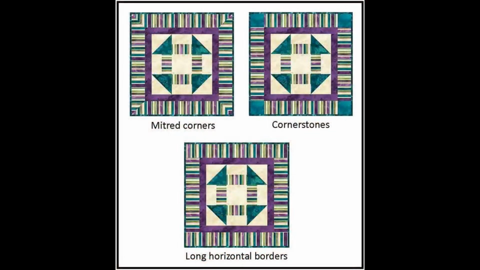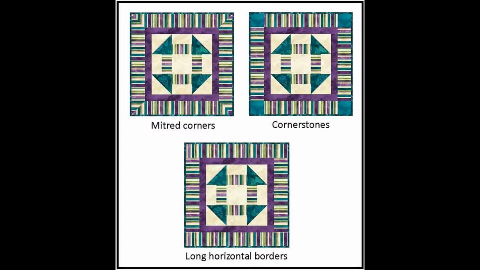The first picture I want to show you is an example where the stripes are used in borders. So you can see that the stripes are in mitered corners, which is really interesting, corner stones, which are always fun and look so finished and pretty, and then long horizontal borders.